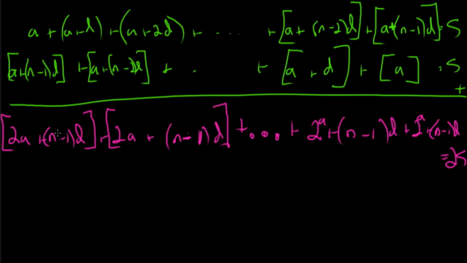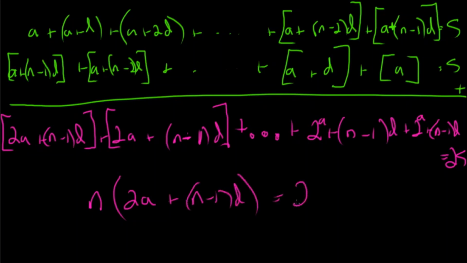All right, and how many of these terms do I have? I have 1, 2, 3, 4. I have n of them. n minus 1, but we don't want to forget that we're also counting this A, which is kind of like a 0th term. So we have n 2A's and n minus 1 times D's. And that's equal to 2S.